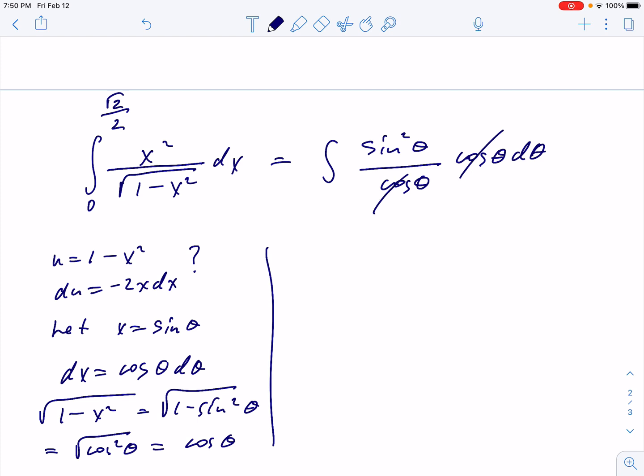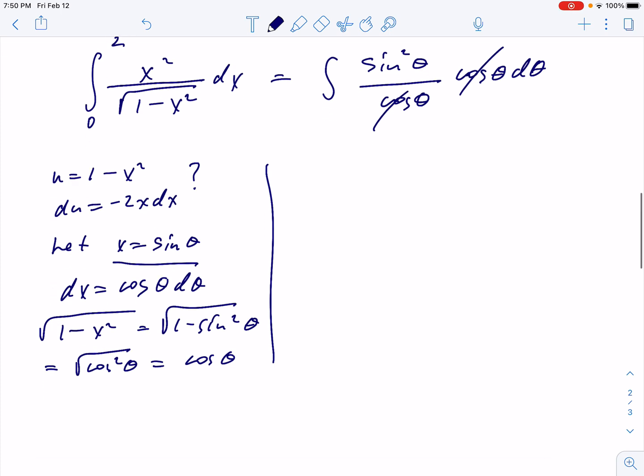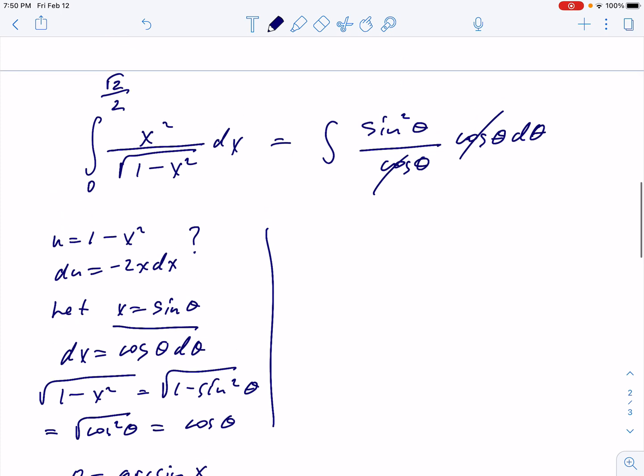Now I have to change the limits. We should not forget about the limits. Look at the equation for x and theta. When x is 0, we can actually write theta is arc sine x. When x is 0, theta is 0, so we put lower limit 0.